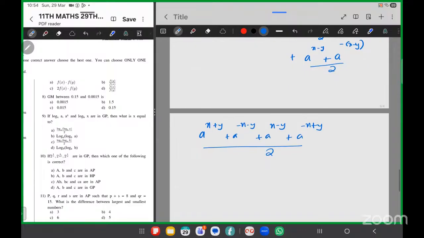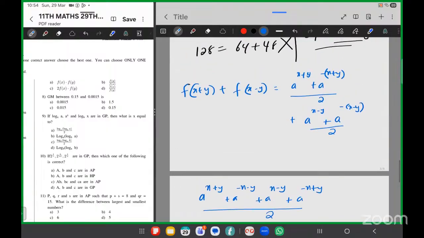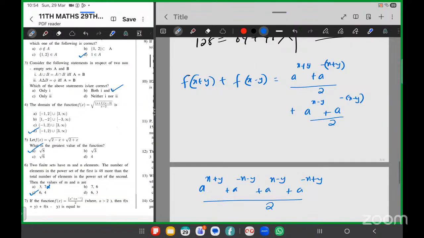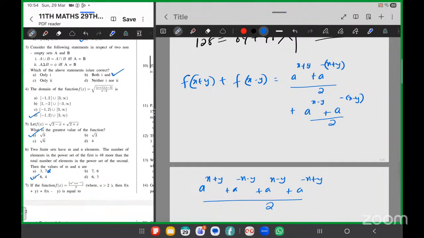You multiply this one. F of a raised to x, a raised to x plus y, a raised to minus x plus y.